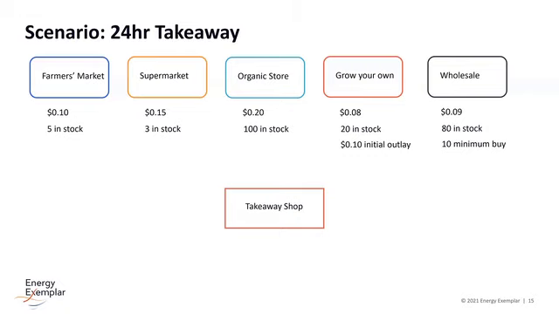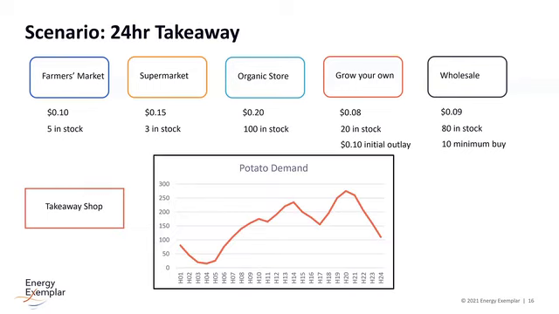The other complexity in this case is that, as we mentioned, it's a 24-hour takeaway, which means that our requirements, as you might expect, will vary throughout the day, right? In this particular case, we've got the demand on the y-axis and then the hour of the day on the x-axis. That's what H stands for.